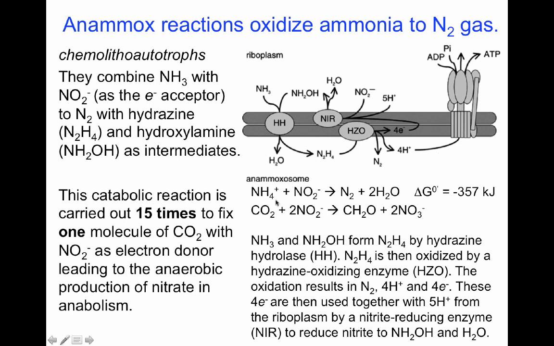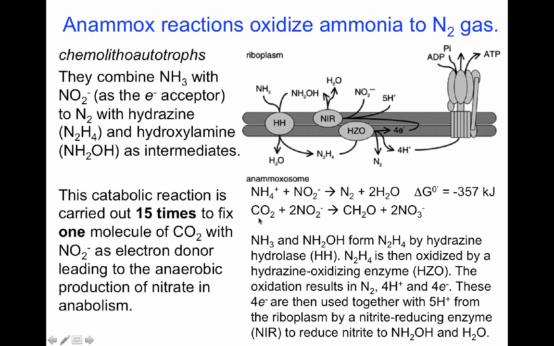In order for this organism to take an ammonium ion with a nitrite, and eventually give you nitrogen gas and water, that is going to have a delta G of minus 357 kilojoules. That reaction needs to be performed 15 times in order for the cell to gather enough energy to be able to fix one CO2 molecule.